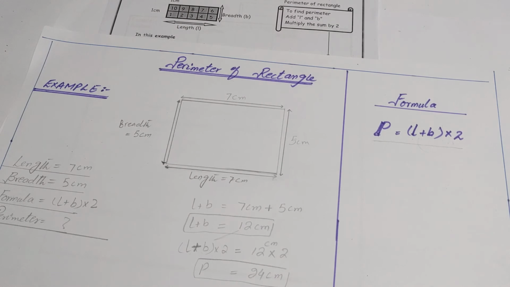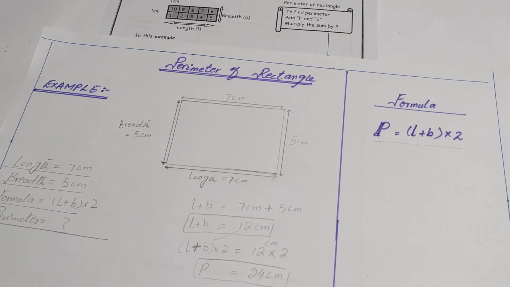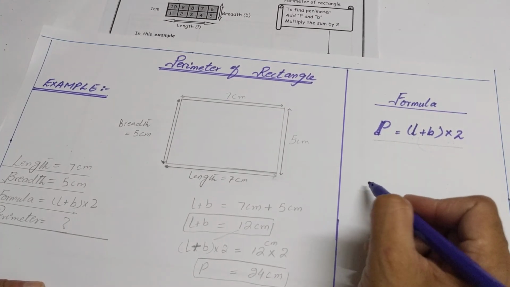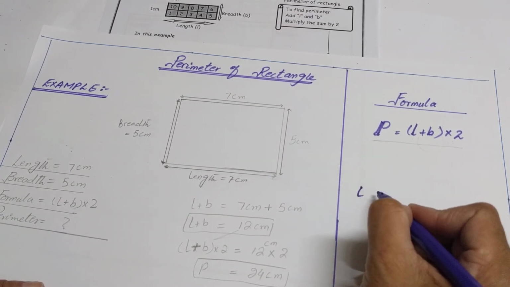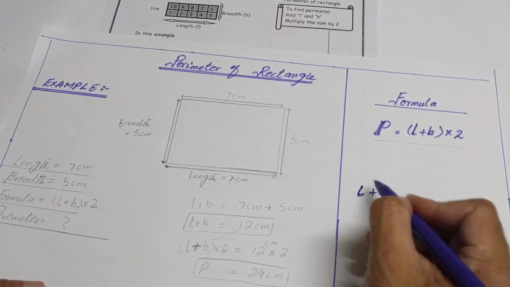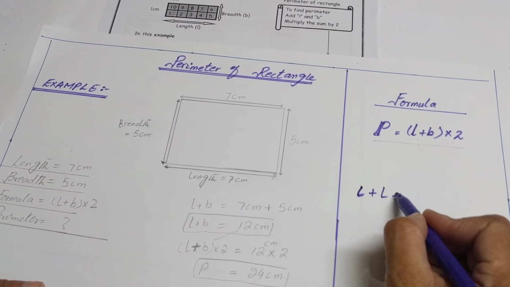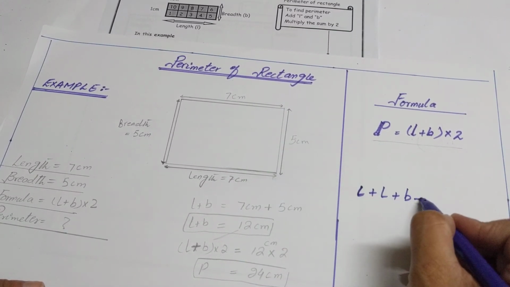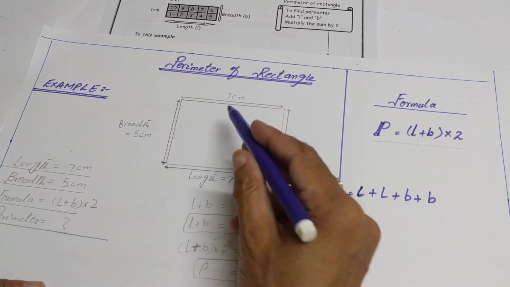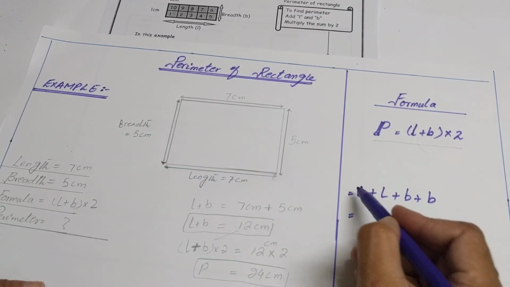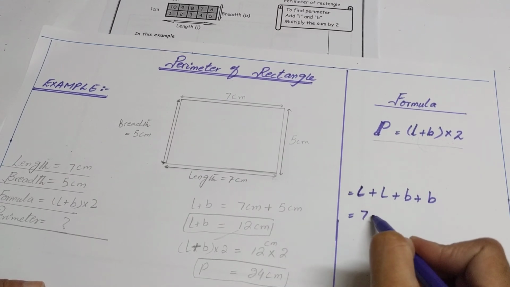Got it? There is one more method. You can find it by repeated addition, but that is the lengthy process. As there are two lengths and two breadths: length plus length plus breadth plus breadth. That is also a way to find the perimeter. So what is the length? 7.